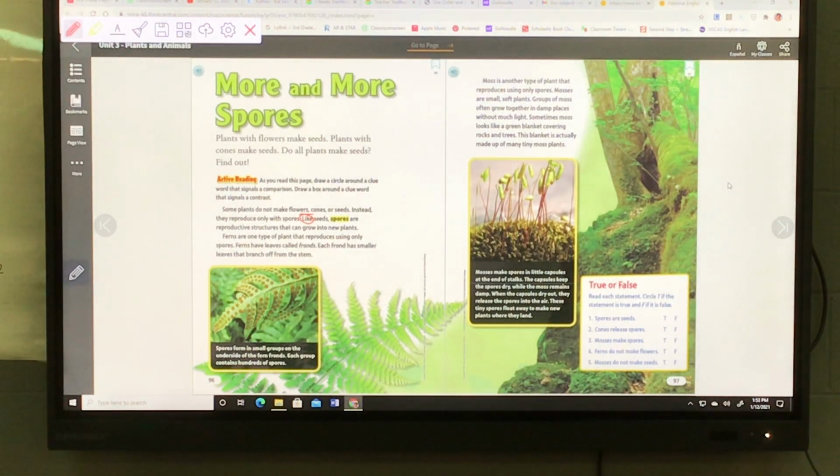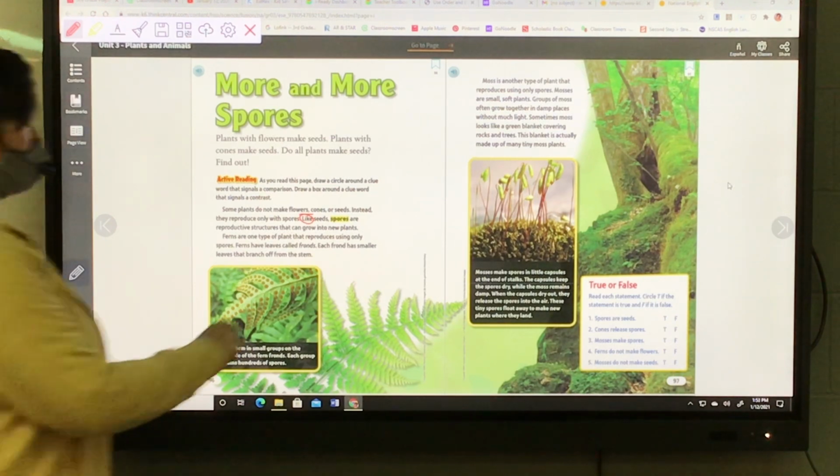Can you figure out the word that they used for contrasting? Talking about how things are different. What are you thinking? Instead. You are correct.